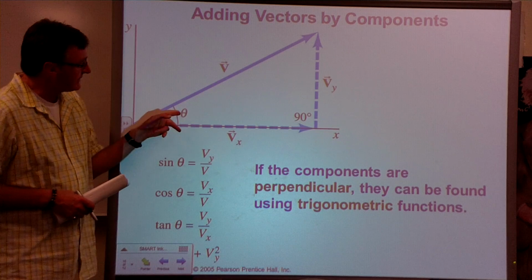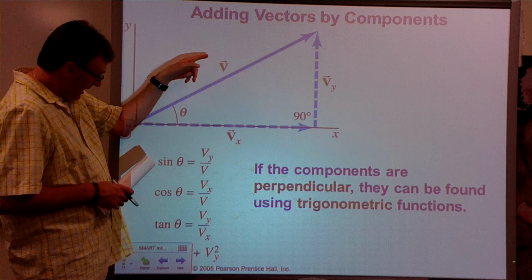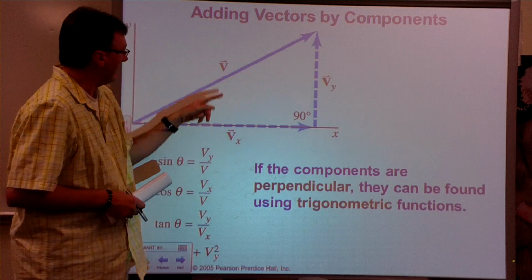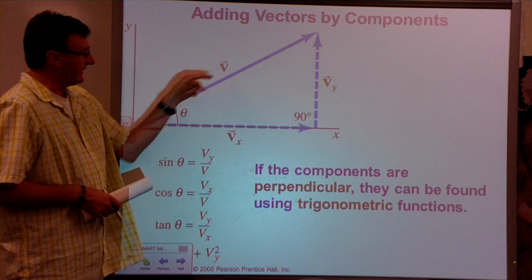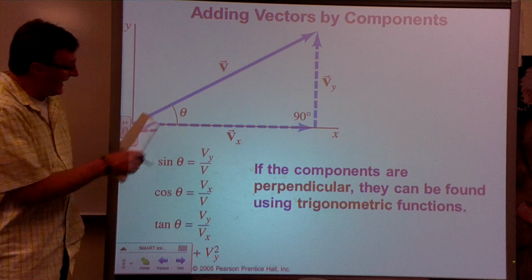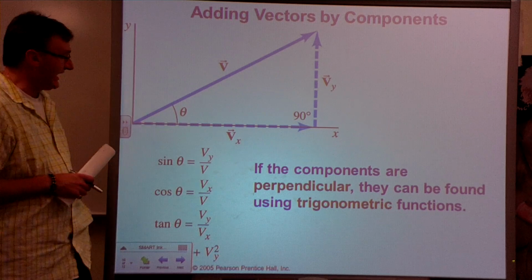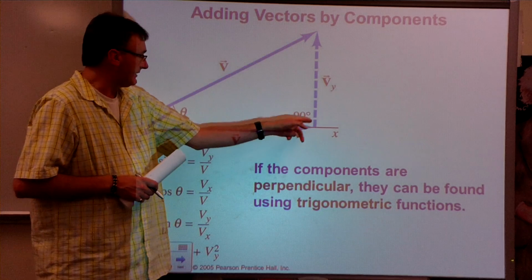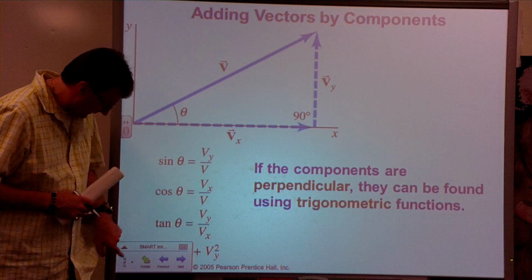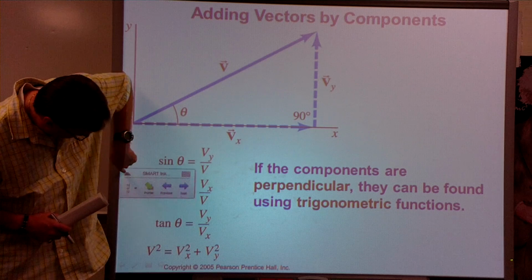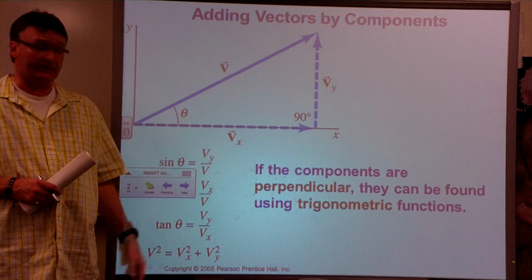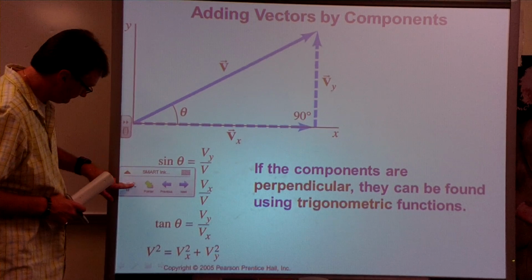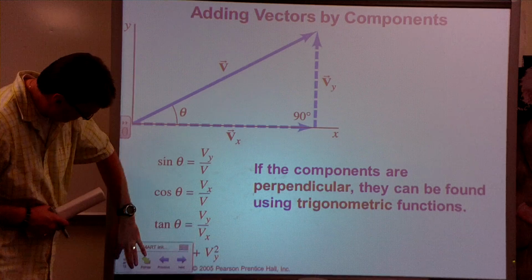The sine of this angle is Vy divided by V, and the cosine is Vx divided by V. We can find the angle by the tangent of this length divided by this length right here. And to find the magnitude, of course, we'll just use the Pythagorean theorem again.